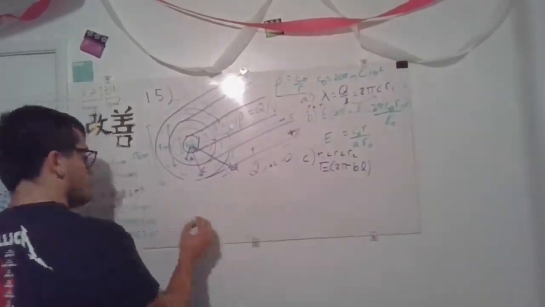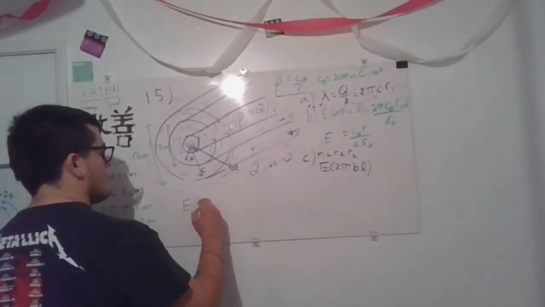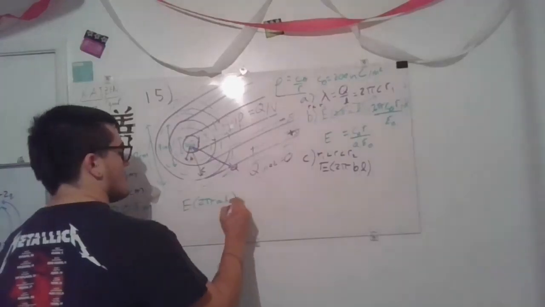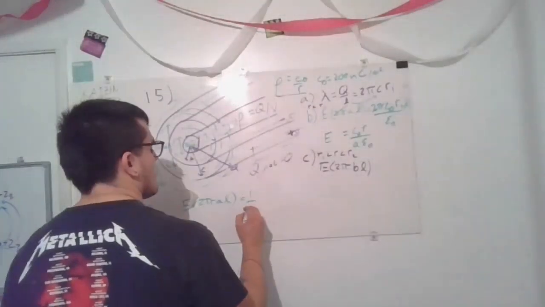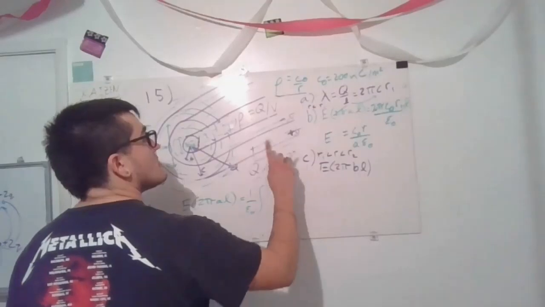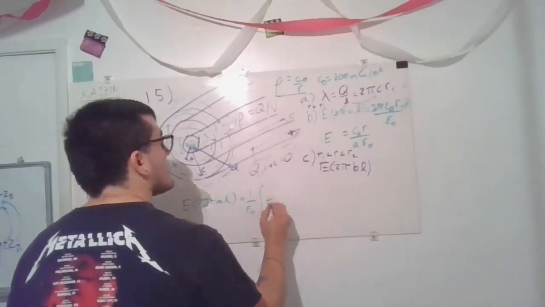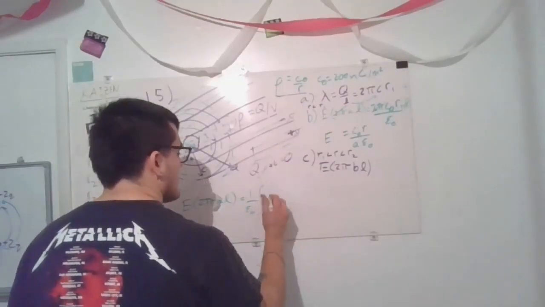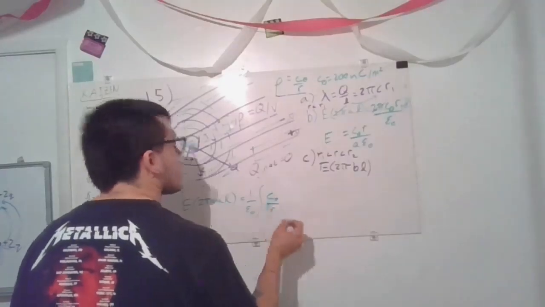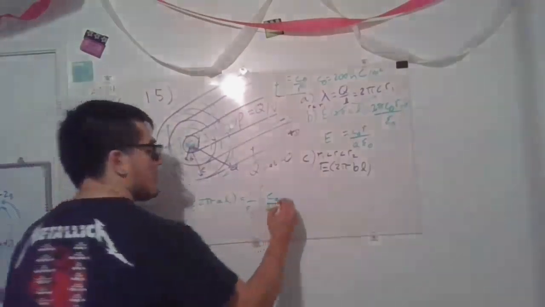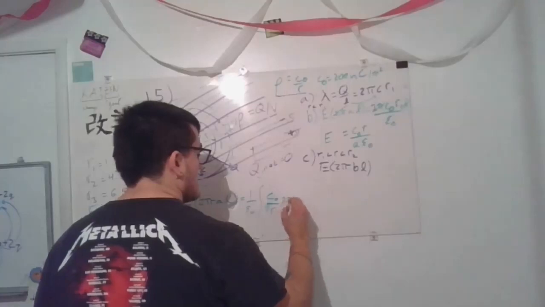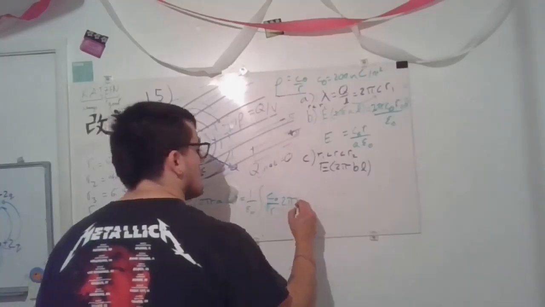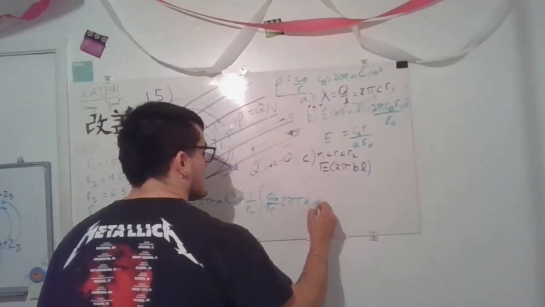Let me look at that. Okay. dq is rho, which is going to be C naught over R times dV, which is 2 pi R L dr.